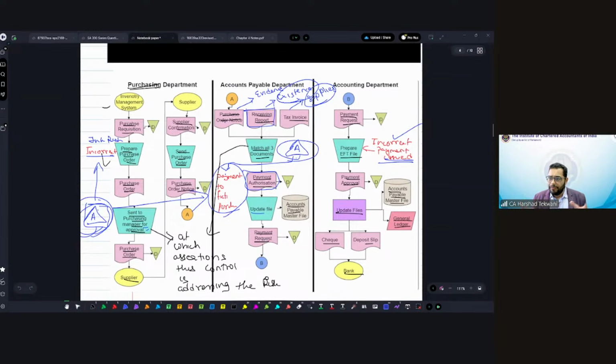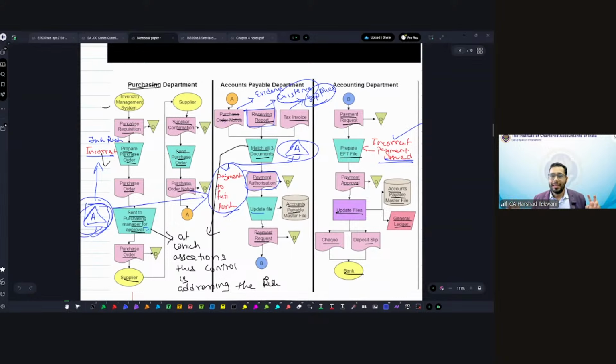Somewhere the control is getting the data, somewhere it is matching all three items, and then somewhere it is triggering a point: the things are not matching, please check, there is some issue in this particular invoice, PO, or GRN.